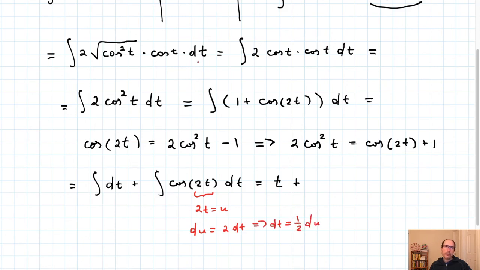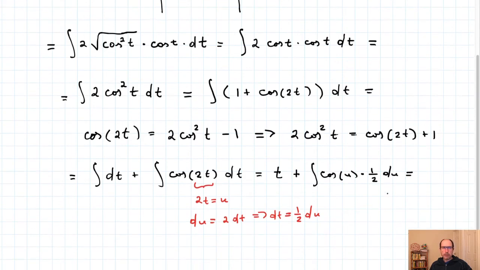And so we can rewrite the second integral as the integral in terms of u, cosine of u times 1/2 du. 1/2 as a constant can be pulled outside of the integral, and then we can easily integrate.